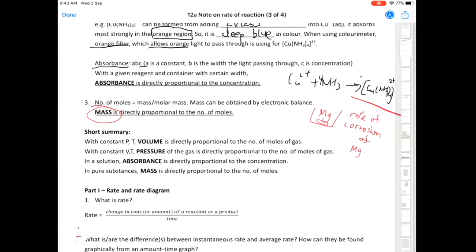And then how you can obtain the result is that you just put it on a balance, and it will react with the oxygen in the atmosphere, and the balance reading, of course, will increase as time passes. And then you have the amount reflected by the mass of the magnesium and magnesium oxide, and you have the time data by using maybe a stopwatch, and then you can calculate the rate of reaction in this way.